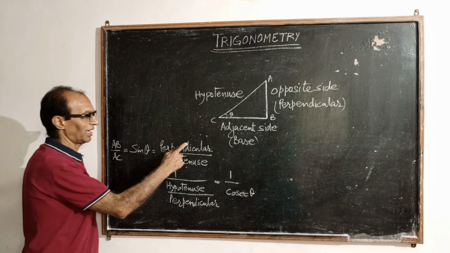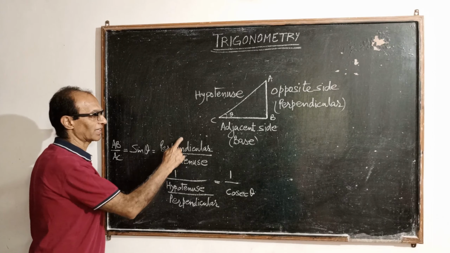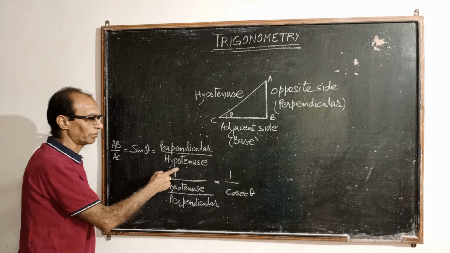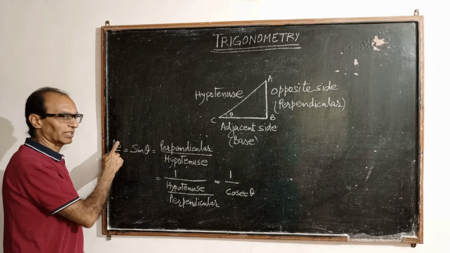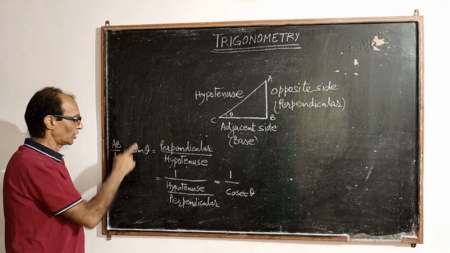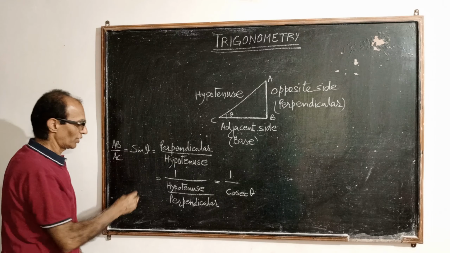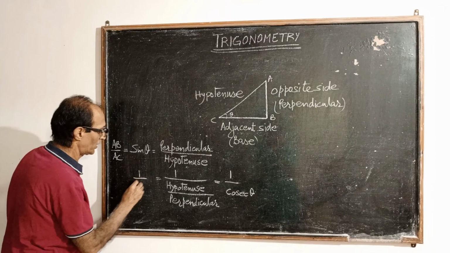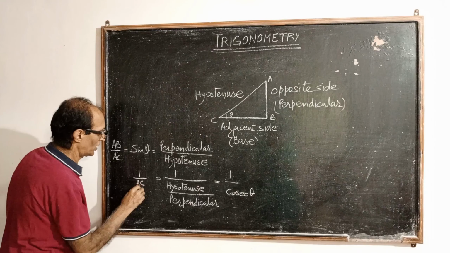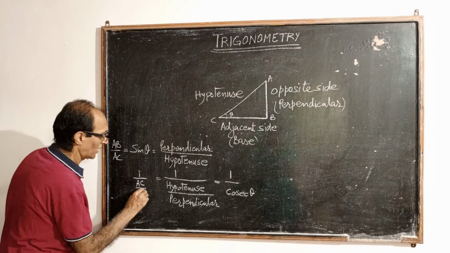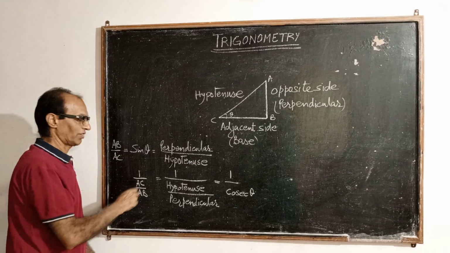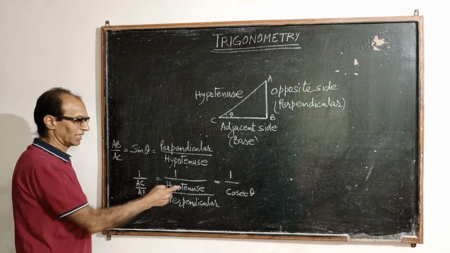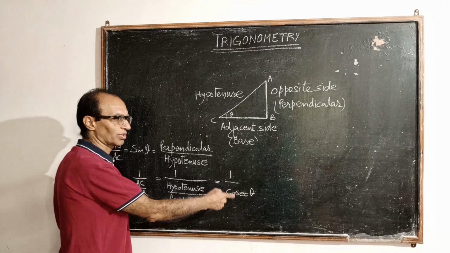What I had done is I had taken this perpendicular to the denominator of denominator. Same way we take this AB to the denominator of denominator, so it becomes 1 upon AC upon AB. And in that last class we had worked it out that AC upon AB, that is hypotenuse upon perpendicular, that is cosecant theta.